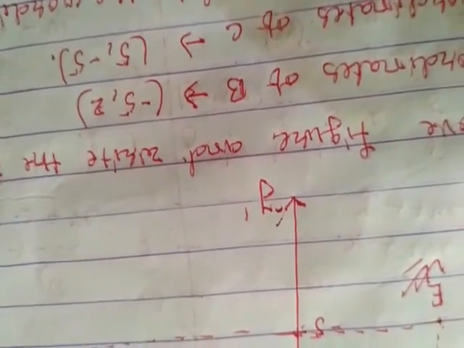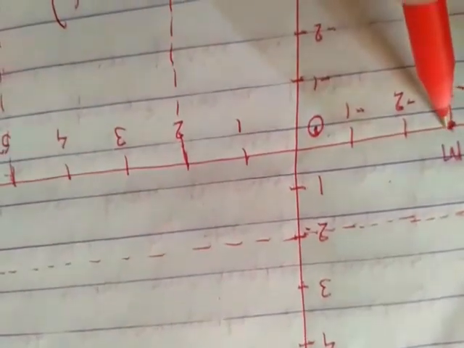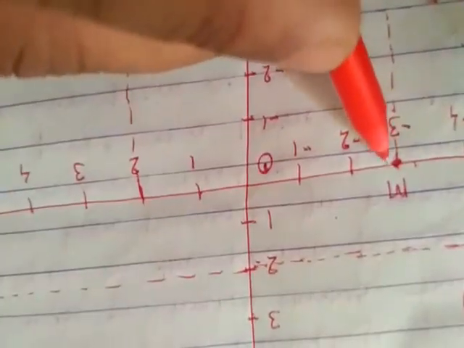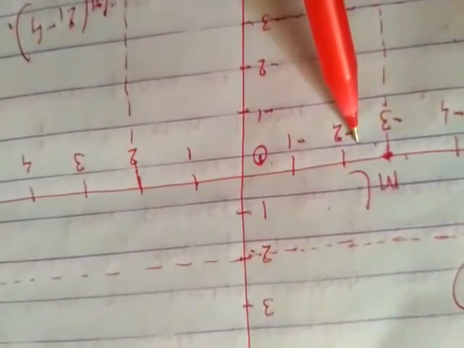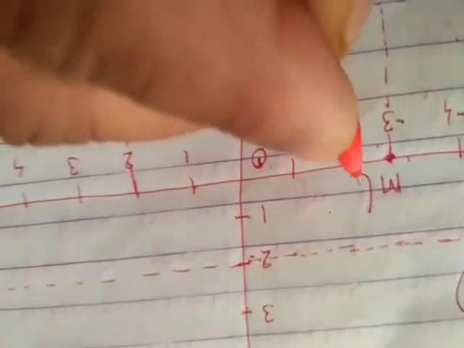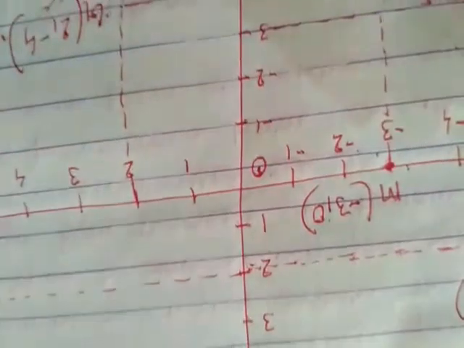Now we have to write the coordinate of the point M. As you can see, point M is lying on the x-axis. So its coordinate will be minus 3, 0.